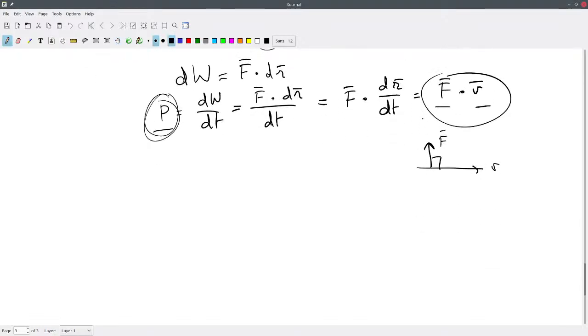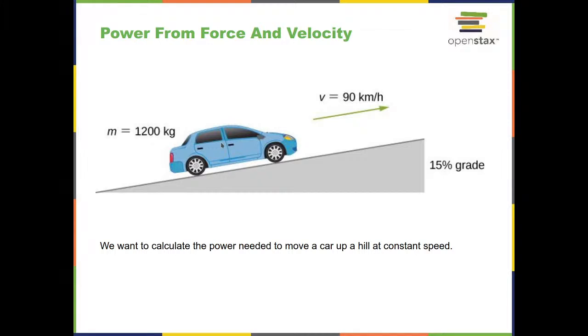So in this case, car up a hill, the force times the velocity, which is the power, will be minus mg times the velocity, which in this case was a constant velocity v0, times the cosine of the angle between the force and the velocity.